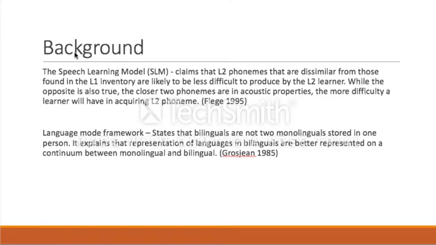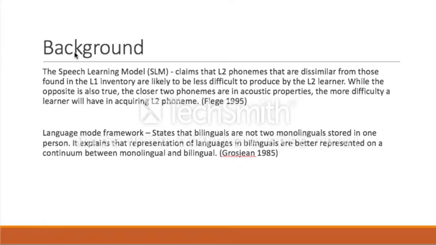The more distant or different a sound is in the L2 from the L1, the more likely the learner is to notice this difference and therefore be able to produce it with less difficulty, by creating a new sound category in their phonological space that allows them to produce this dissimilar L2 sound.